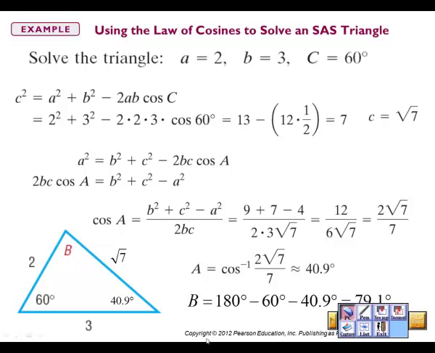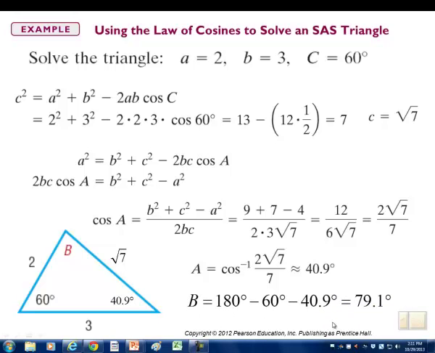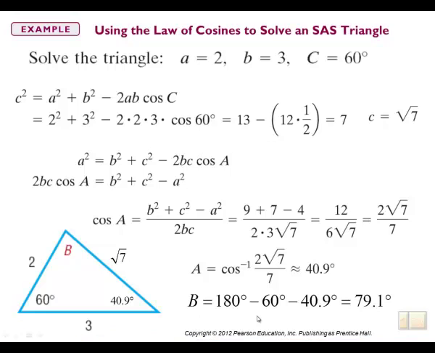And then the other angle, we went ahead and found the other angle at 79. We used 79, they used 79.1. Okay. So if they want an exact form, then you'd have to do it like this. So let's see what they want to do.